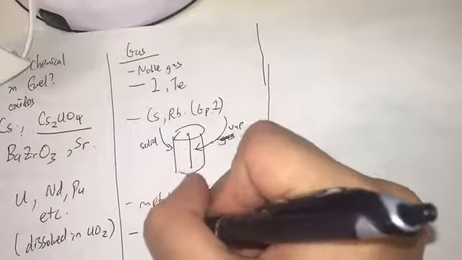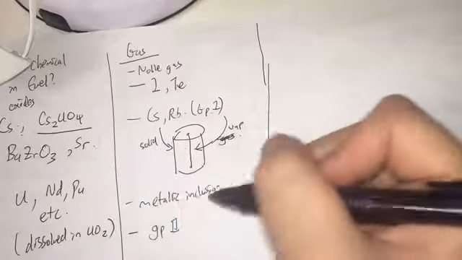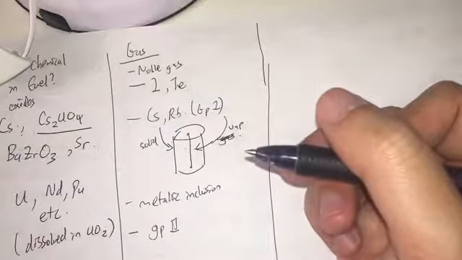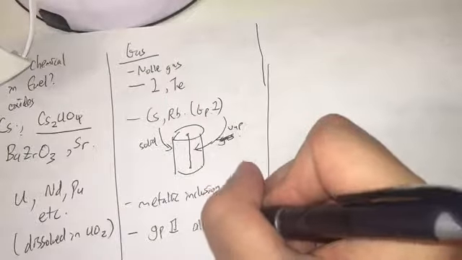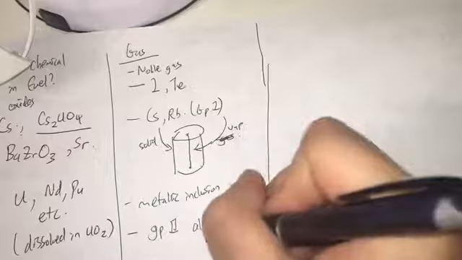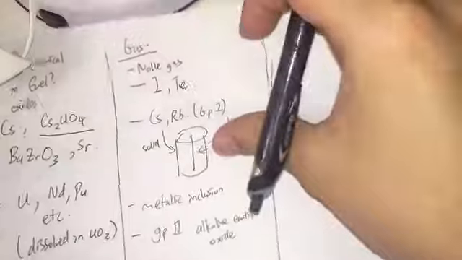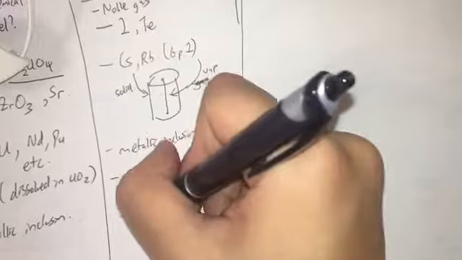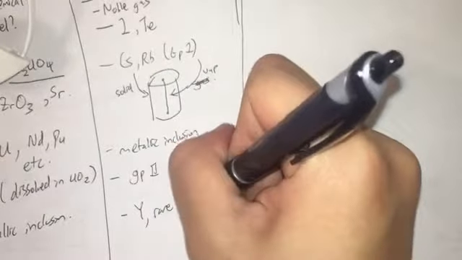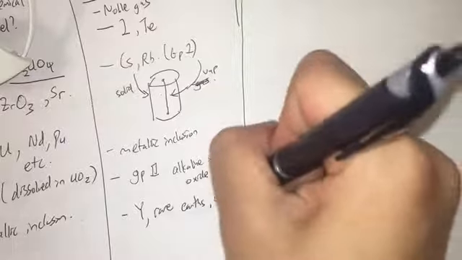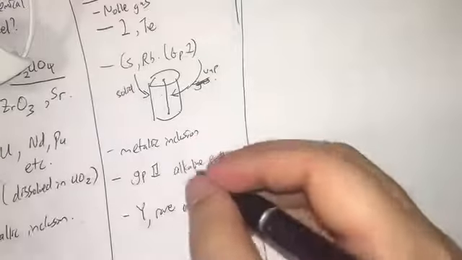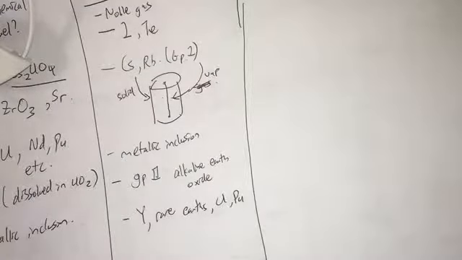Then you have group 2, which they call the alkaline earth oxide phase. And then you have lanthanides and actinides. So they have the yttrium, rare earth, uranium, plutonium. These all will form one phase. Then zirconium, where do you find it?